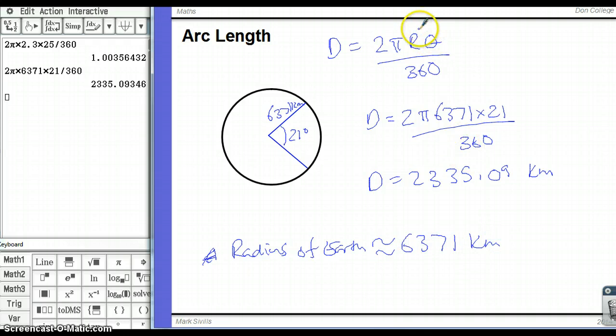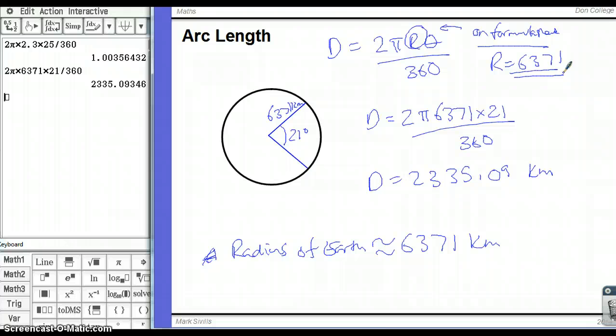So wherever you see this big R here on your formula sheet, it's referring to this value here, 6,371. So, although this formula works for any size circle where little r is the radius of the circle, this big R here refers to the number 6,371, which is also given on your formula sheet and is the approximate, as I said, radius of the Earth.